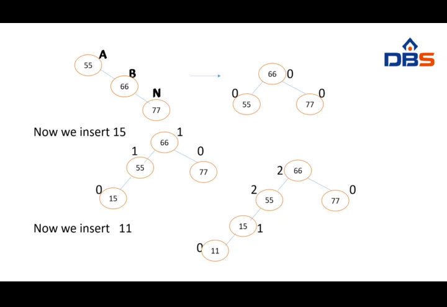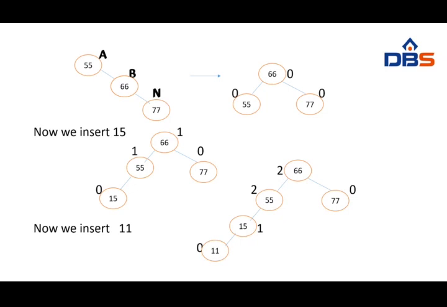Now we insert 11. 11 is less than 66, so we go left, then the second node 55, go left, then 15, go left, then 11. See, the balance factors: 11 and 77 are 0, 15 is 1, 55 is 2, and 66 is also 2. When a 2 comes, it is called unbalanced, so we go for rotation.